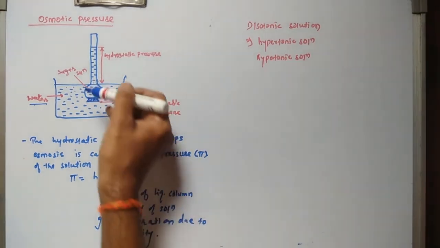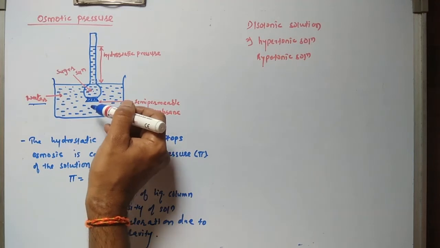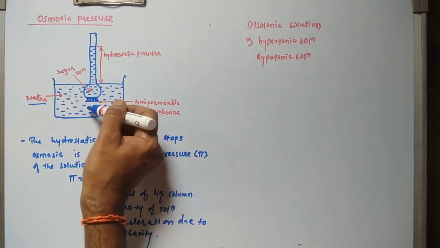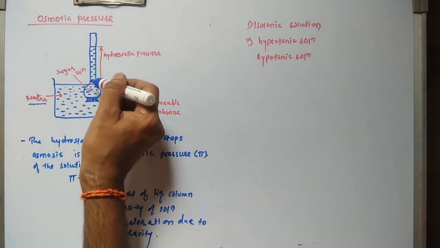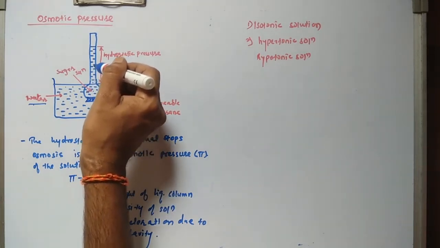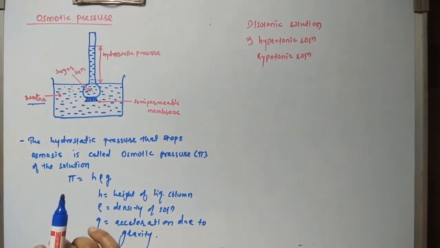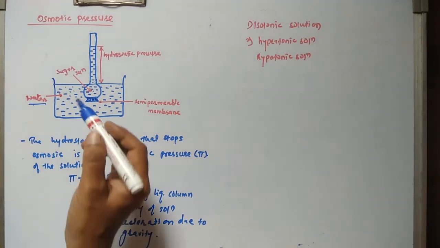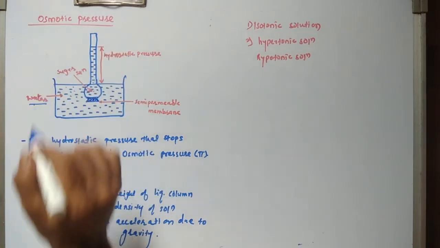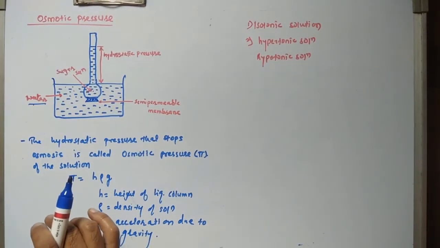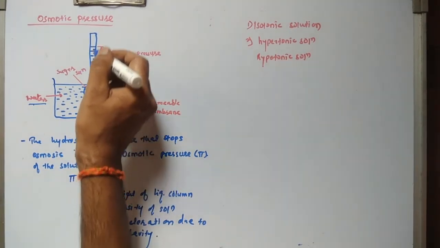Here this is the solution and this is the solvent. According to the definition of osmosis, some of the solvent molecules enter into the sugar solution, that means into the thistle funnel. As the solvent molecules pass into the thistle funnel, the liquid column in the funnel starts to rise.